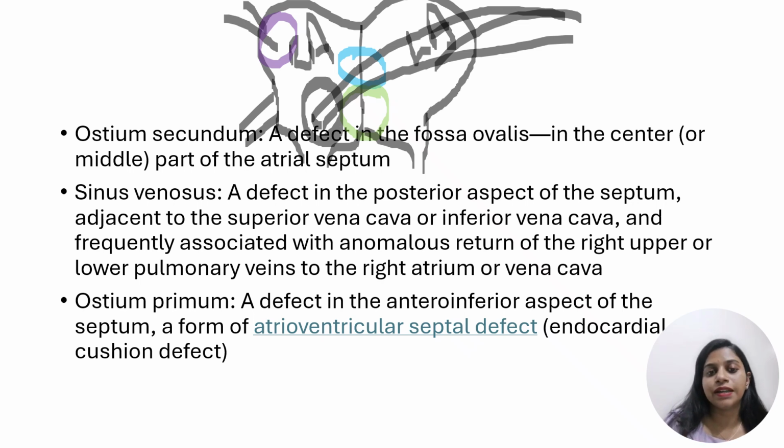If there is a defect in between the coronary sinus and any portion of the atrium, it is called a coronary sinus defect. So the coronary sinus defect and the sinus venosus defect are a bit difficult to find out compared with the septal defect. The septal defects can be easily seen in an echocardiogram, but not the coronary sinus and the sinus venosus defects.